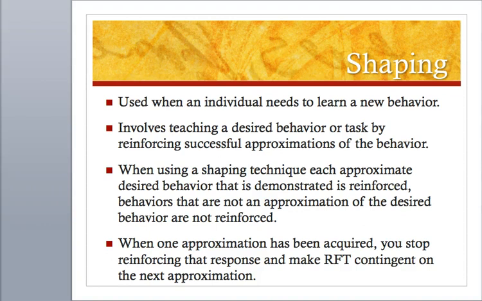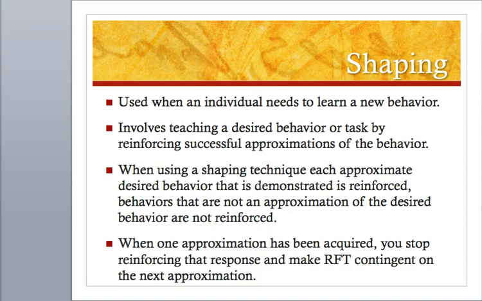It involves teaching a desired behavior or a task by reinforcing what we call successive approximations of the behavior. So we're looking for them to gradually move their behavior closer and closer to the target behavior. When you're using a shaping technique, each approximation that's demonstrated is reinforced.